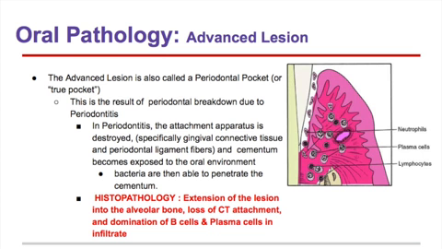Slide number 17 is a continuation of oral pathology in which we will discuss the established lesion. The established lesion is the final stage before progression into periodontal disease, which affects supporting structures, i.e. bone and not just gingival tissues. At this stage, the gingiva appears bluish red or purplish due to gingival anoxemia.